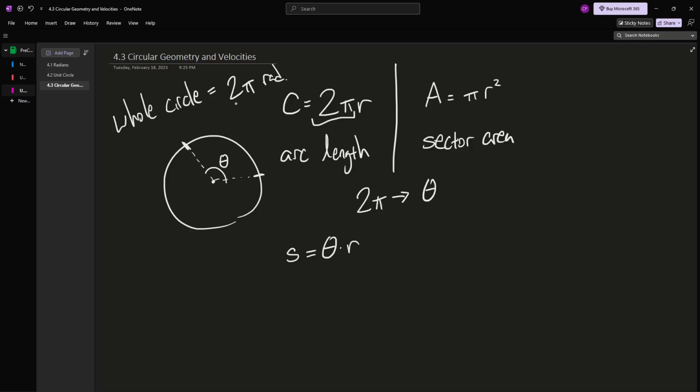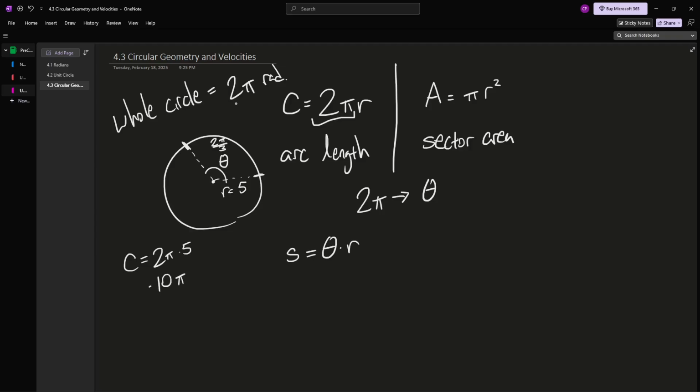This makes sense because we just want a portion of a circle. So let's make this circle a radius of 5 and a theta of 2 pi over 3. So a third of the circle, because 2 pi is a whole circle, divided by 3. The circumference of this whole circle, 2 pi times 5, is 10 pi.